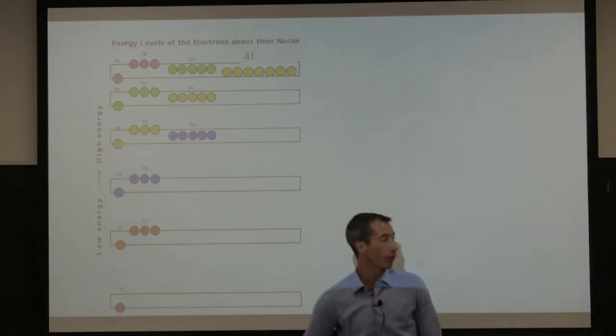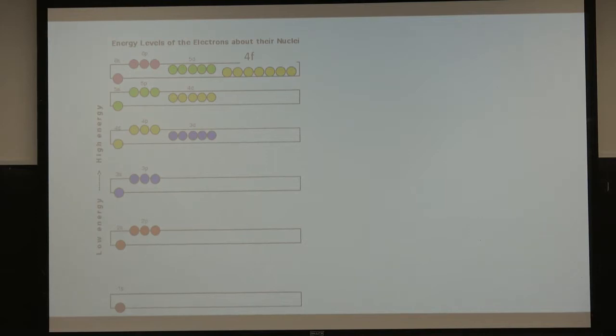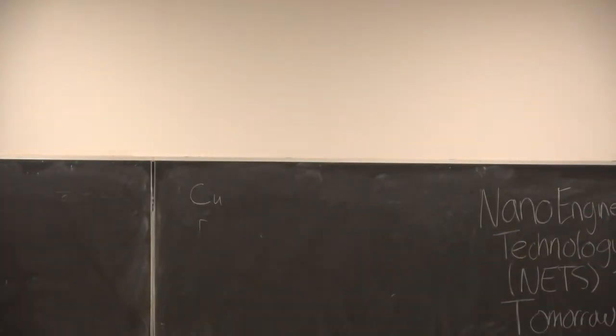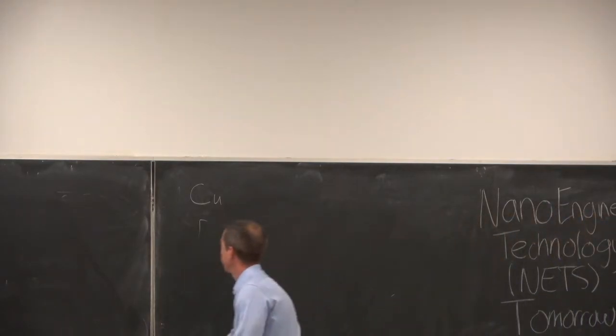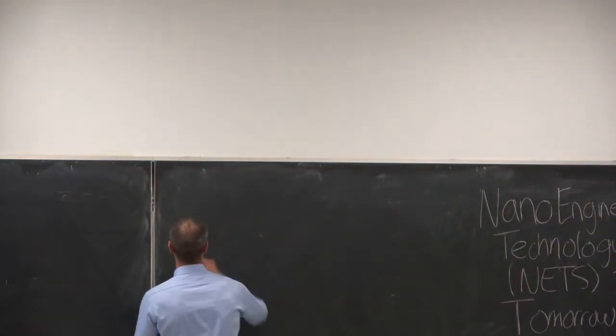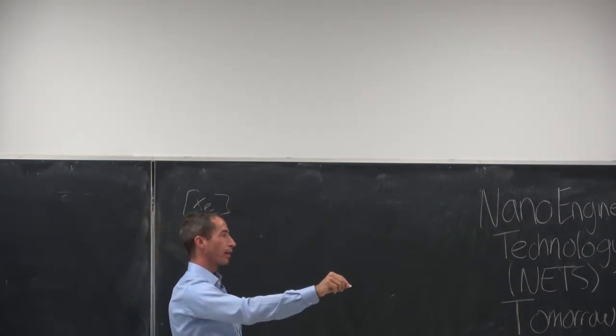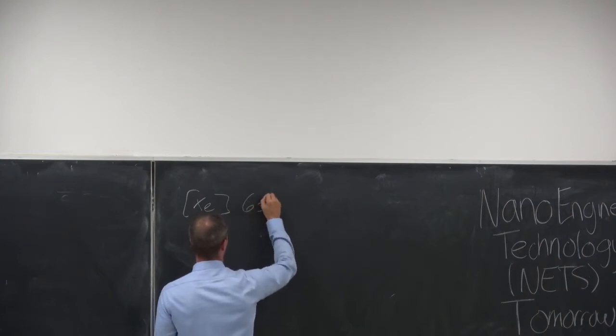No. So then getting back down to the lanthanides, we see something very similar. So europium, where would we be here? We would be xenon, and then 6s2.